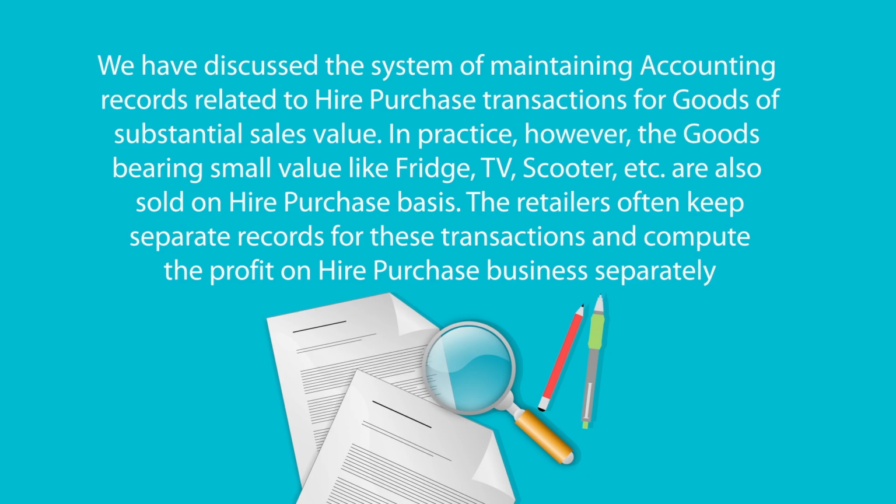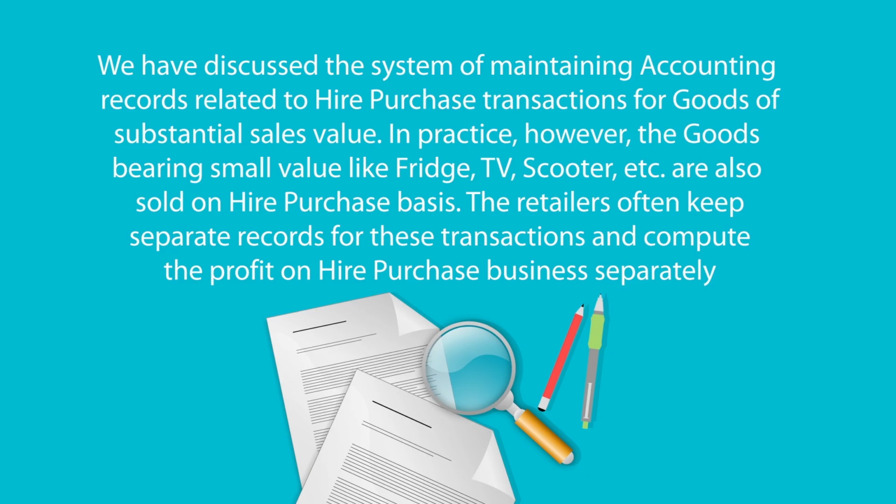So far we have discussed the accounting procedure and treatment of transactions of substantial values. But we all know that in practice, goods bearing small values like fridges, televisions, scooters, etc. are also sold on hire purchase basis.